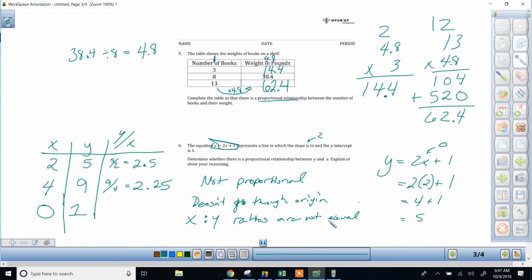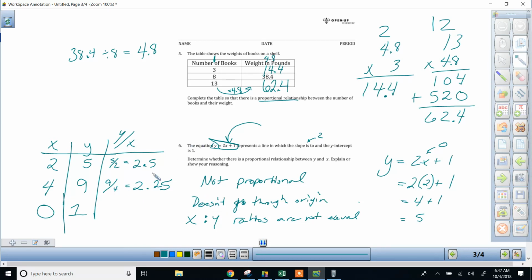And another dead giveaway that I've talked to my students about is that there is a plus sign in the equation. If you ever have addition in your equation, it's not going to go through the origin as long as that addition is of a number that's non-zero. So addition, subtraction, exponents, those are key giveaways that it's not going to be proportional. But this is why it's not: the y to x ratio is not equivalent, and it doesn't go through the origin when you graph it.